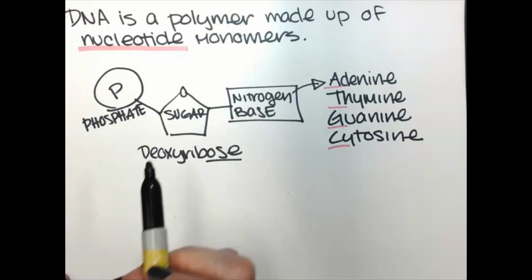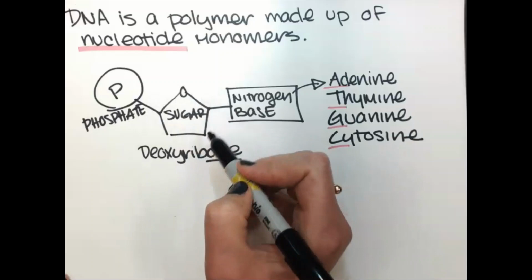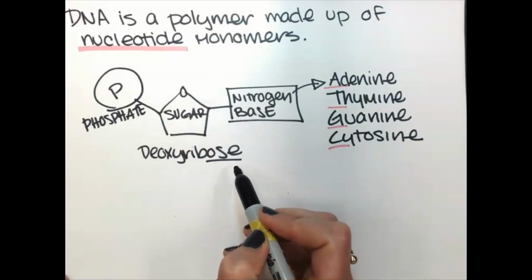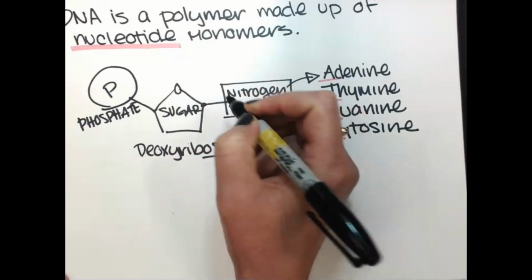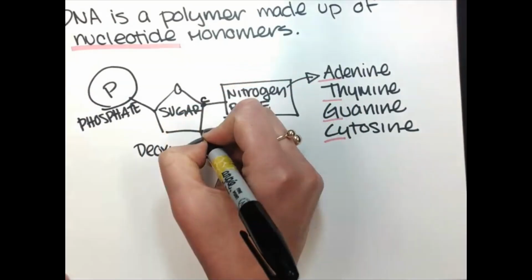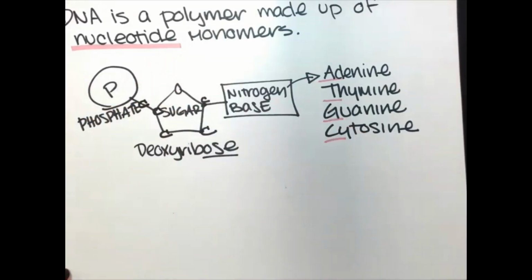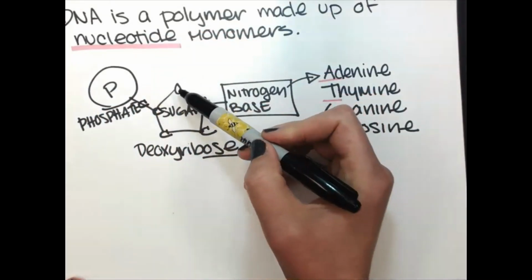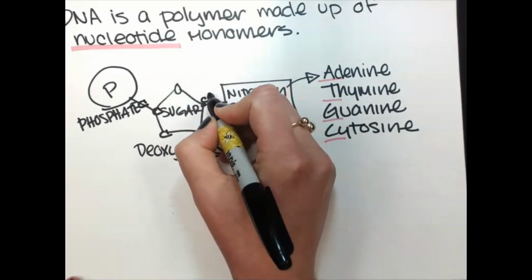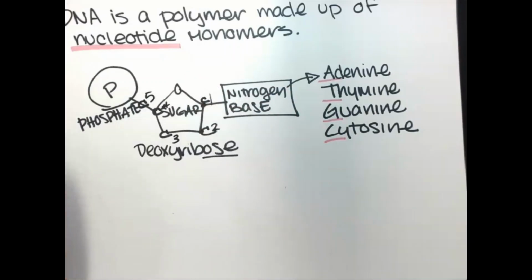So I do want to point one thing out before we move on to the next part. This sugar, deoxyribose, it's a 5-carbon sugar, and so when you draw them this way, anywhere you have these kind of bends, that actually is shorthand, and there's a carbon there. And there's actually one right here. And sometimes we'll number those carbons. So you start at the oxygen, and you go around clockwise. So I'm going to say 1, 2, 3, 4, 5.